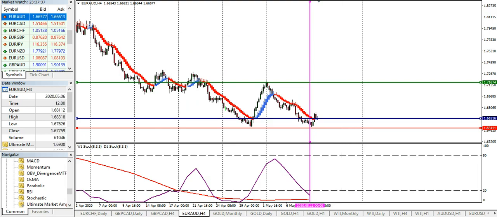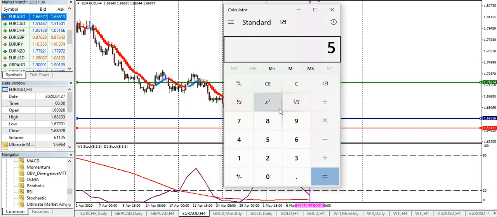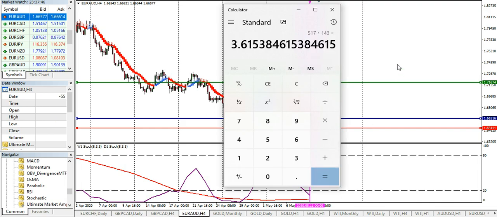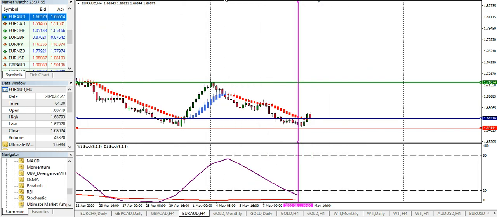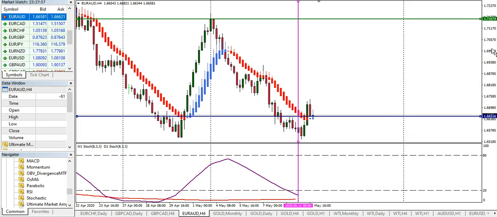Okay, so 517 divided by 143, that would be a 1 to 3.6 risk to reward ratio. Okay, so that is more than a 1 to 3. That is an excellent trade, right?